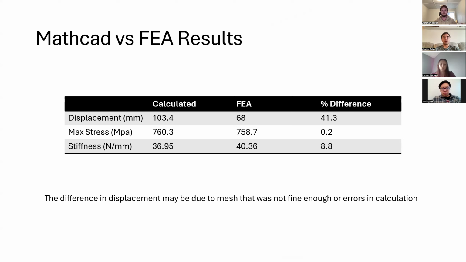With the max stress, we had a calculated value of 760.3 megapascals versus the FEA's 758.7, giving us a percentage difference of 0.2. And then with our stiffness, we had a value calculated at 36.95 newtons per millimeter versus the FEA's 40.36, which gave us a little higher percentage difference of 8.3.